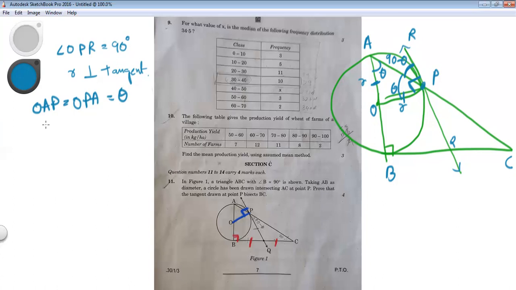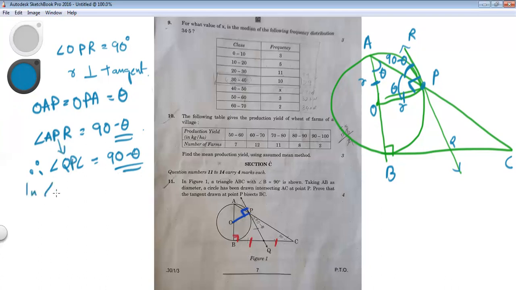So, due to these reasons, what do we get? Angle APR equals 90 minus theta, right? And therefore, angle QPC equals also 90 minus theta, right? Vertically opposite angles, APR and QPC both are vertically opposite.